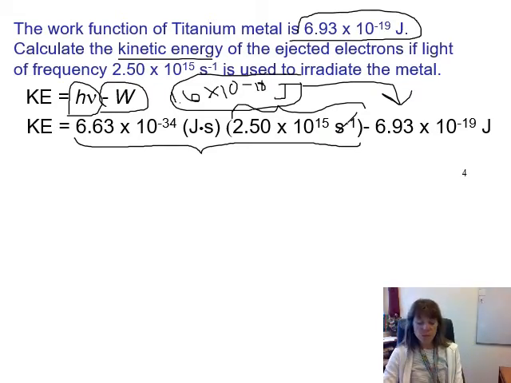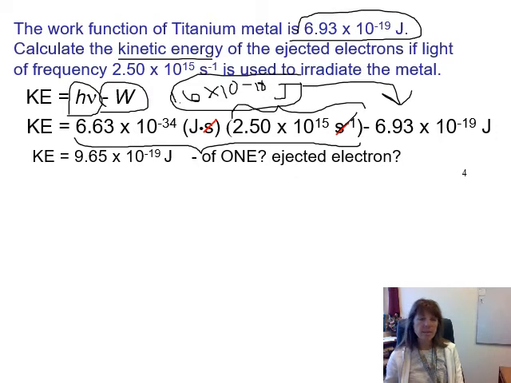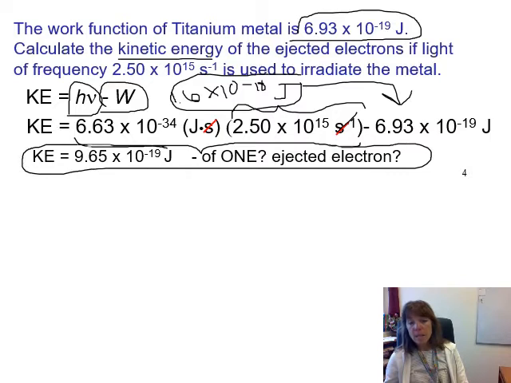So I'm going to subtract 6.93 times 10 to the minus 19th, and I get 9.65 times 10 to the negative 19. And that's of one ejected electron. I always thought this was confusing because I thought, well, what if I eject a mole? If you eject a mole of them, you would have to multiply that by Avogadro's number.